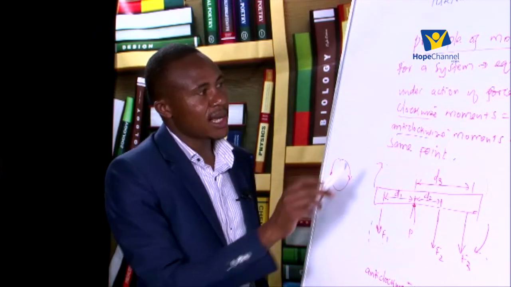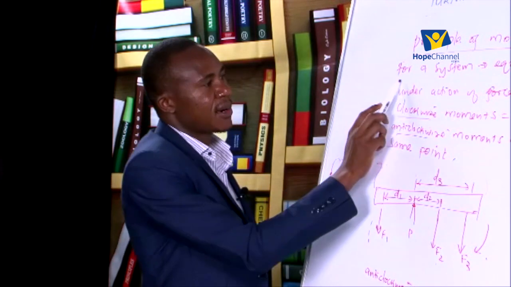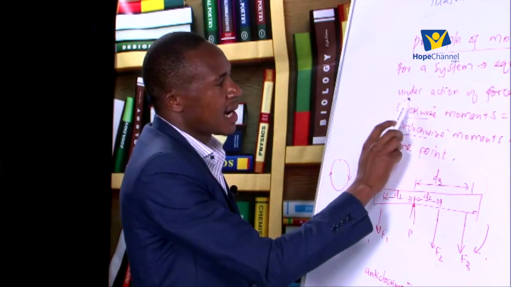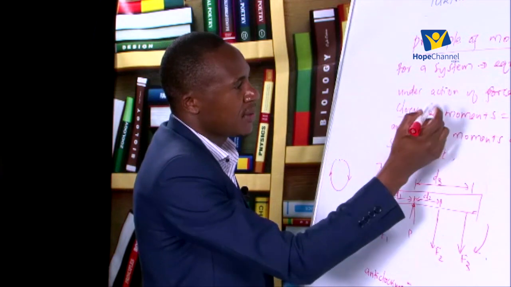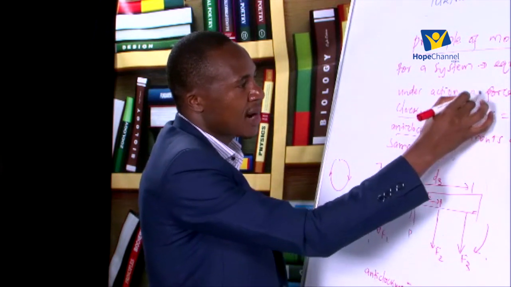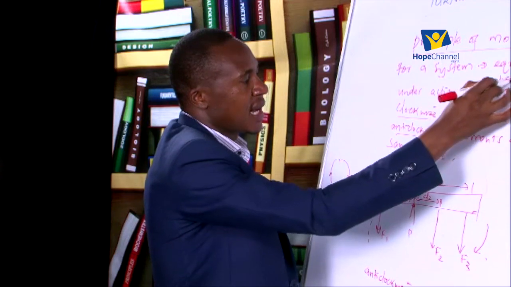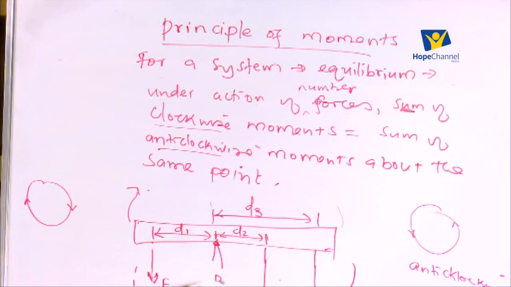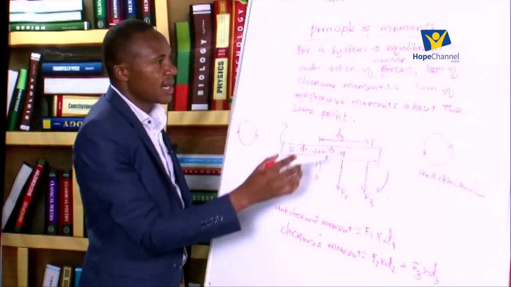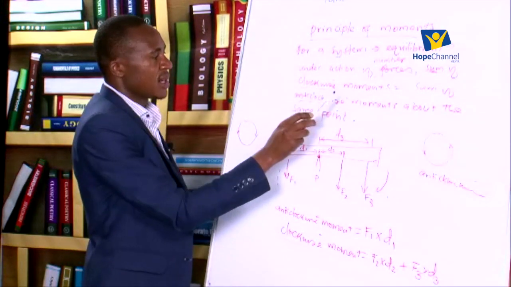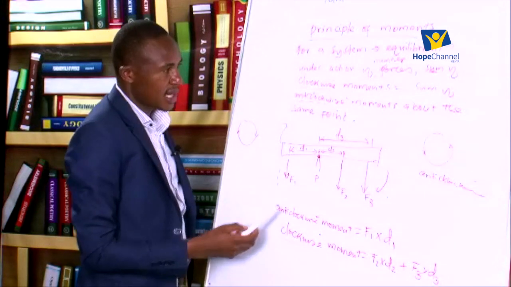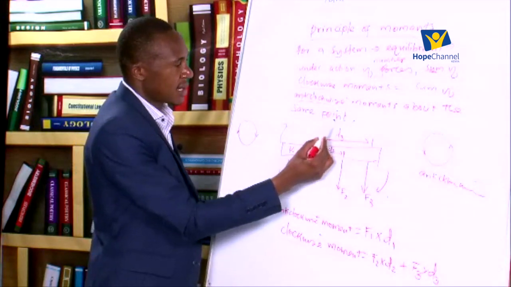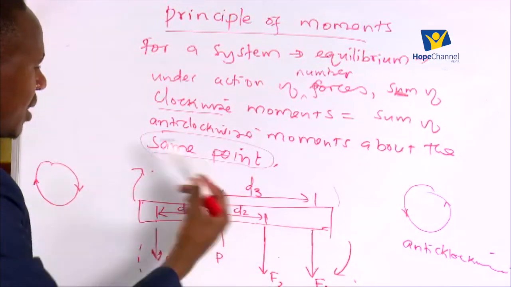So that is why in the principle we said that for a system which is in equilibrium, under action of a number of forces, then the sum of clockwise moments will be equal to the sum of anticlockwise moments, but then it should be about the same point.